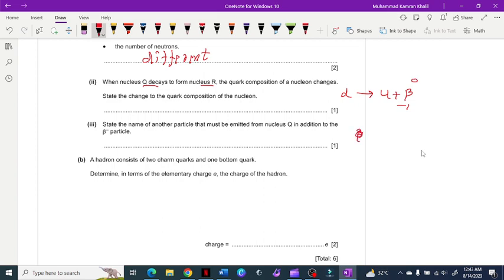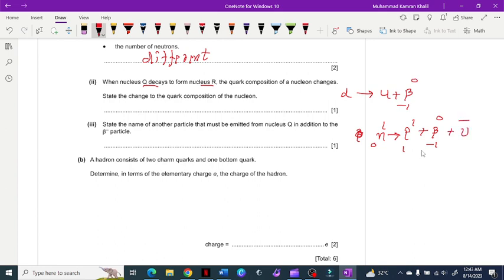In beta negative decay, a neutron converts into a proton. I remember it this way: N for negative and N for neutron. So a neutron will convert into a proton plus an electron, 0 over minus 1 e, plus an anti-neutrino. This is the complete equation.